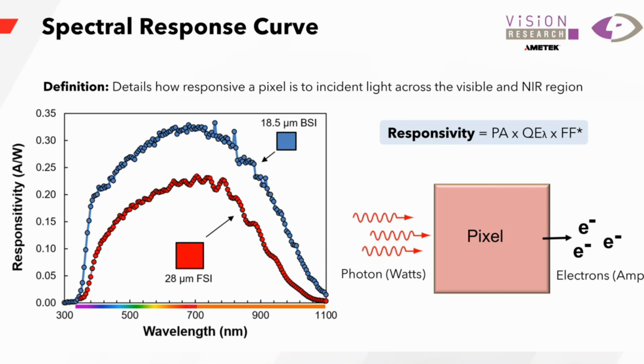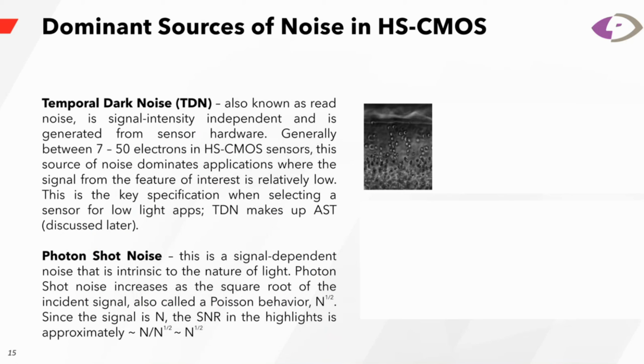There are many sources of noise in high-speed CMOS sensors. The two most dominant sources are called temporal dark noise and photon shot noise. Temporal dark noise is also known as read noise, and it is a signal intensity independent noise source and is actually generated from the CMOS sensor hardware.